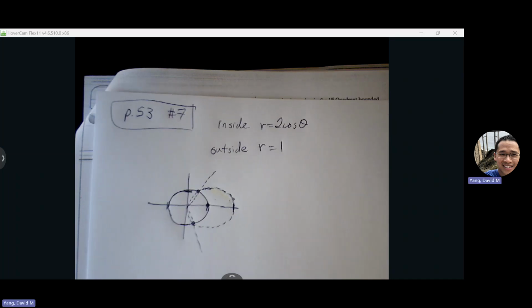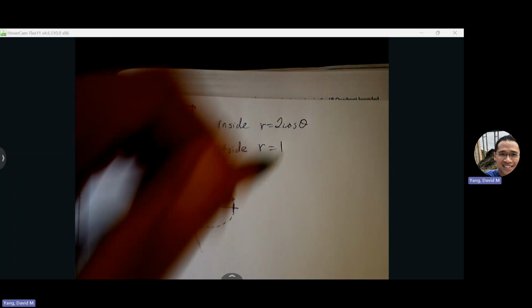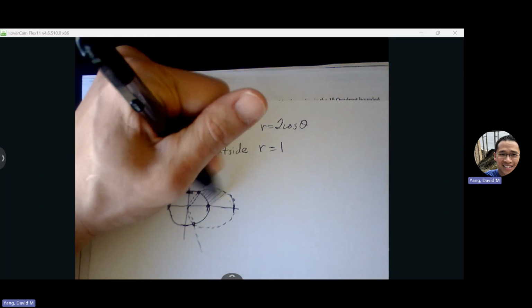Okay, I want to find the region that is outside R equals 1, but inside the R equals 2 cosine theta.